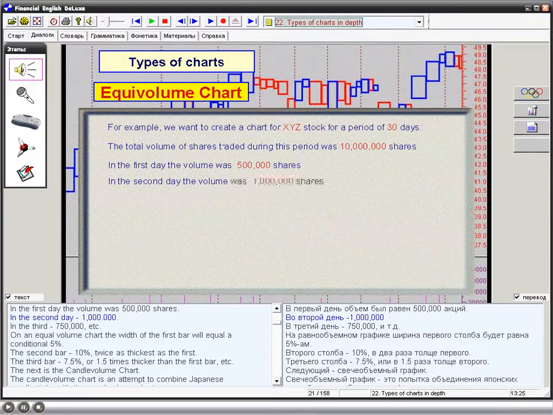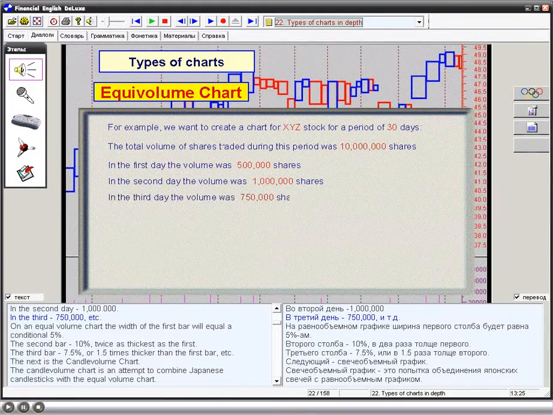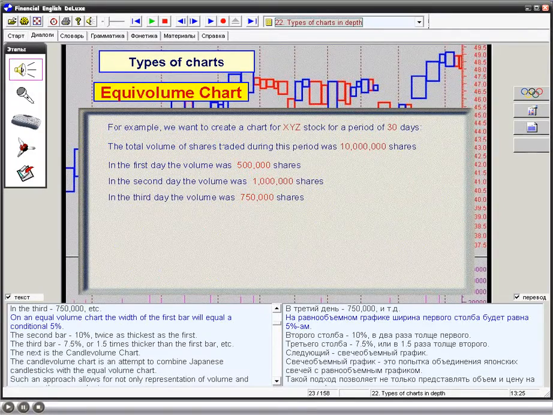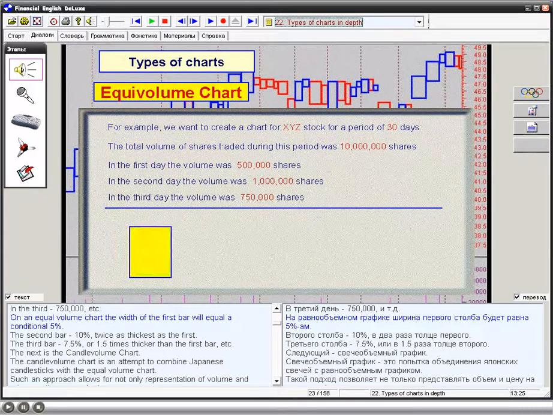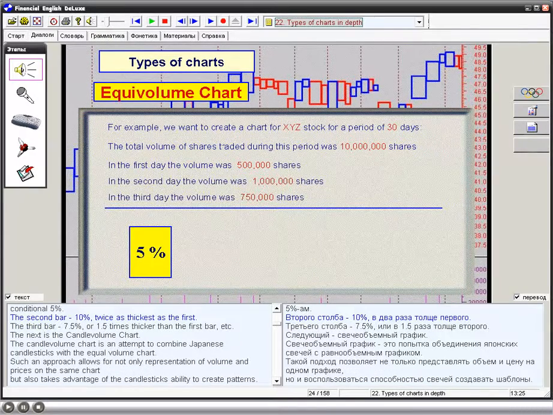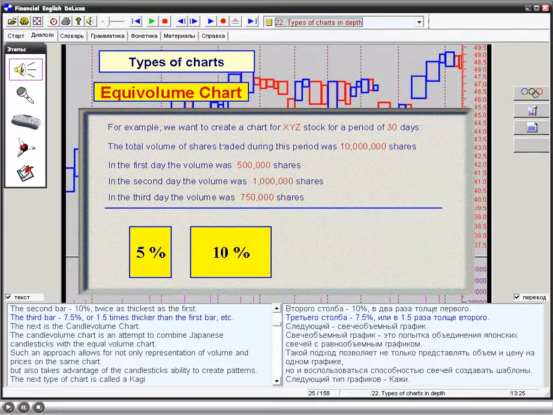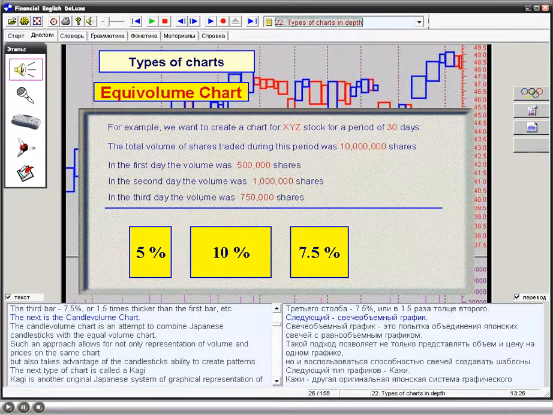The second day, 1 million. The third, 750,000, etc. On the equal volume chart, the width of the first bar will equal a conditional 5%. The second bar, 10%, twice as thick as the first. The third bar, 7.5%, or 1.5 times thicker than the first bar, etc.